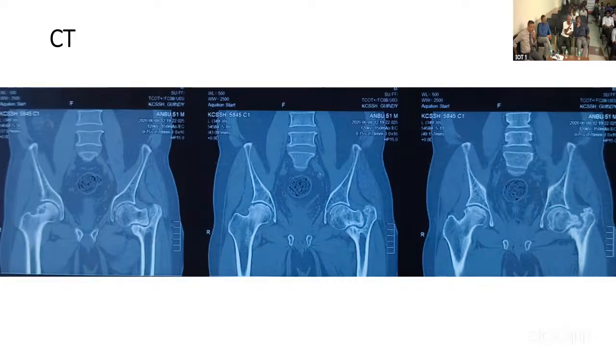Adequate evidence and giving a lot of importance for the lab also. The total hip replacement makes sense. Why you want to jump? As now you said you want to preserve.